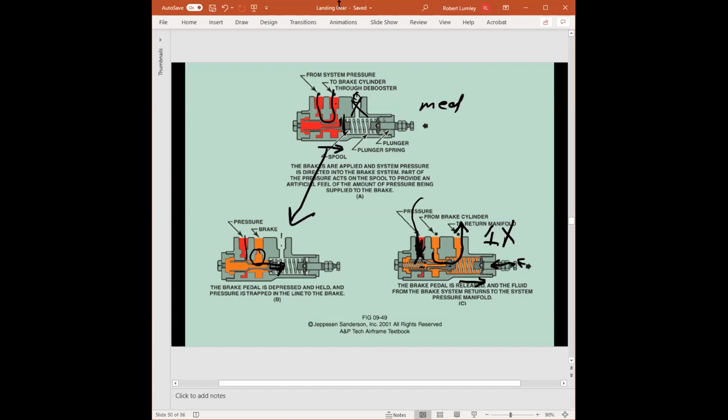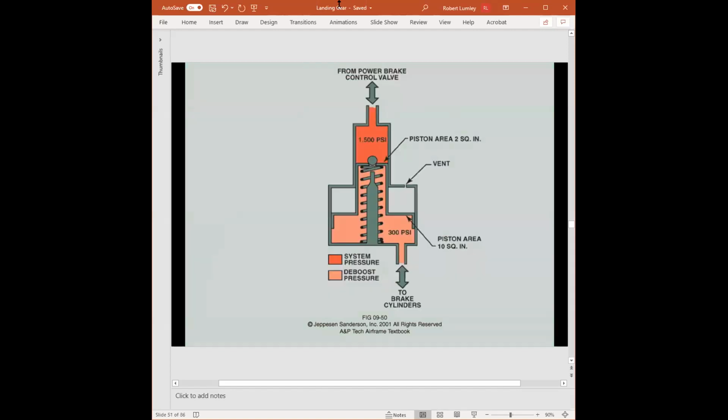It redirects the fluid that would go to what's called the debooster. It would redirect it back to the reservoir so that that wheel could start spinning again or prevent a skid. So from the anti-skid valve, then it goes to what's called a debooster.